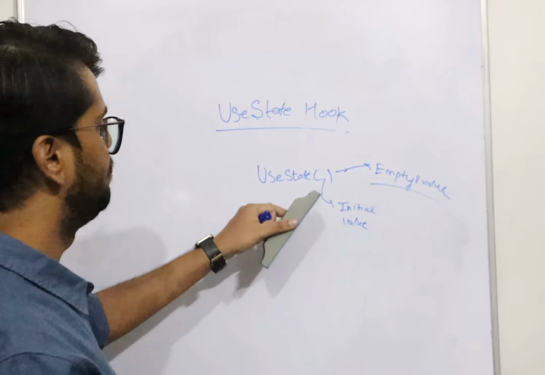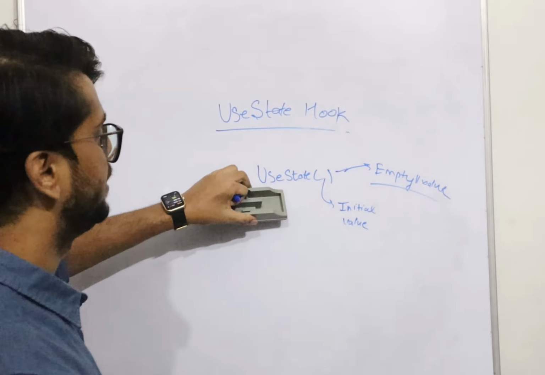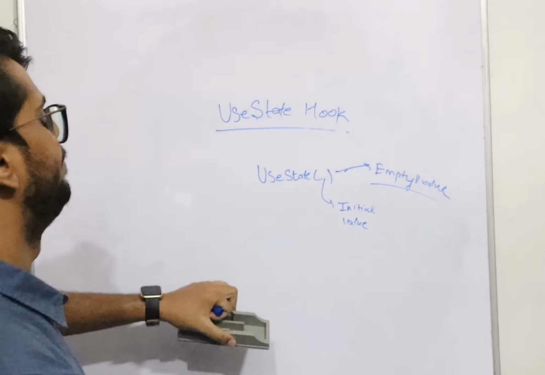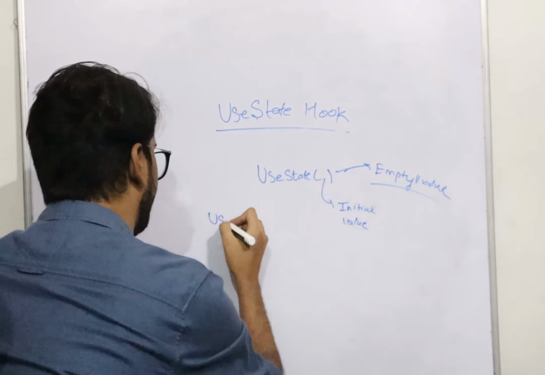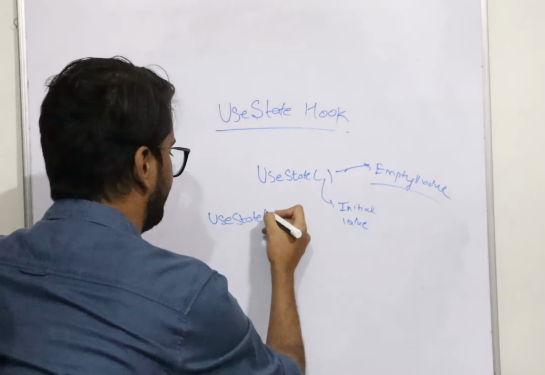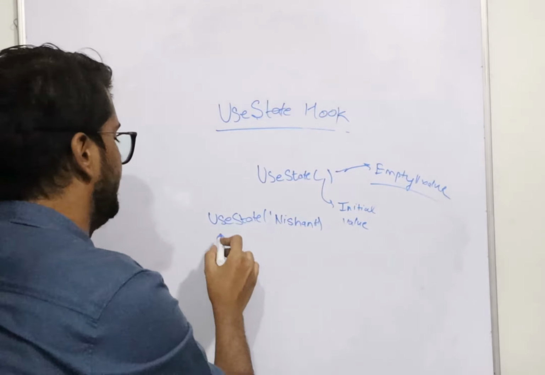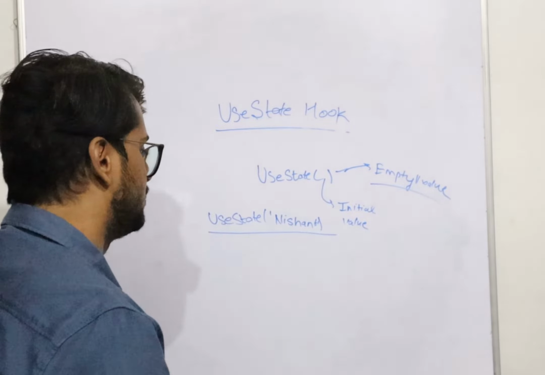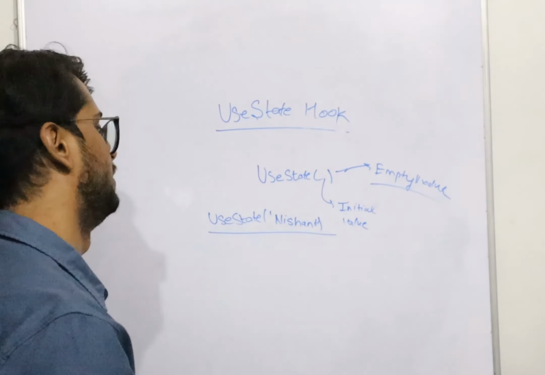If I pass this as empty, when I render this in the component, the state will be empty. But if I pass some value here, let's say I make one state and pass the value Nishant, and it prints in the UI, we will see Nishant on the first render or first load of the component in the UI.